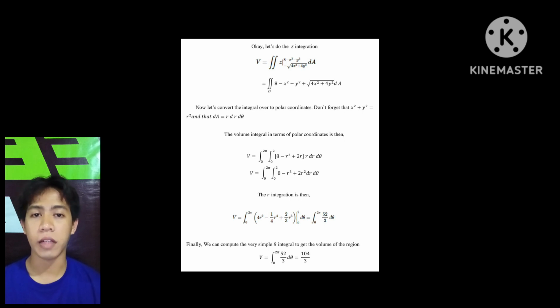We have 8 minus r squared plus 2r with respect to r. So the volume V is equal to the integral from 0 to 2 pi with respect to d theta, and the integral from 0 to 2 with respect to r of 8 minus r cubed plus 2 r squared.